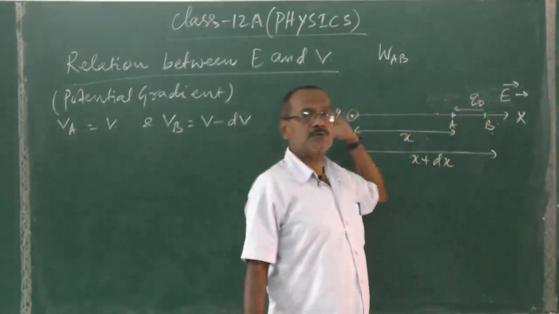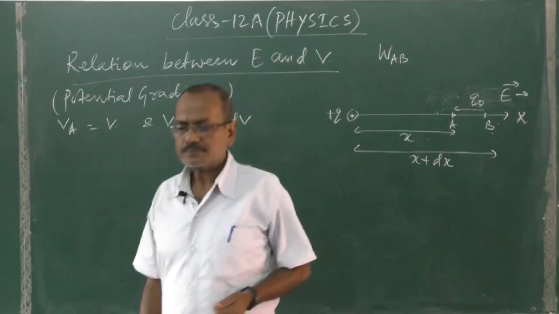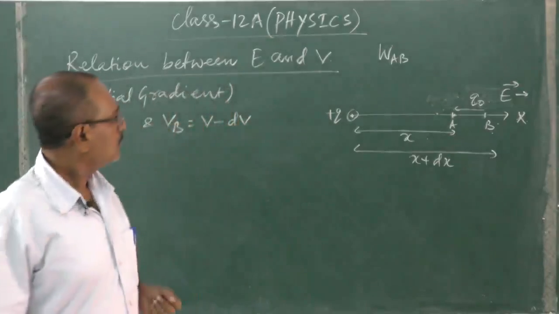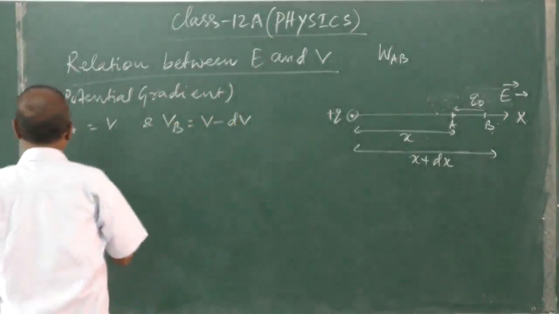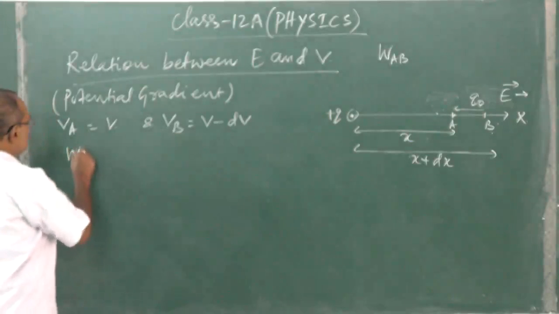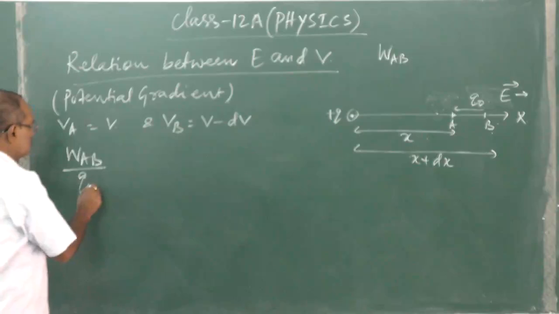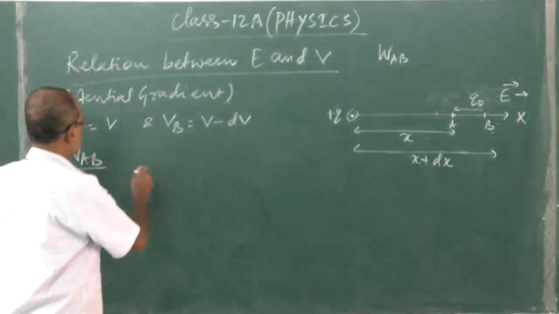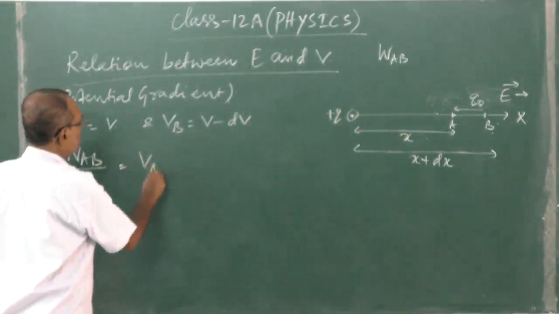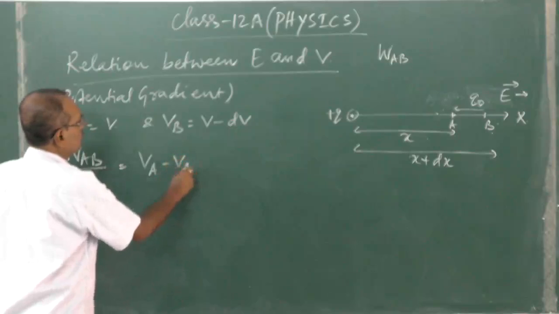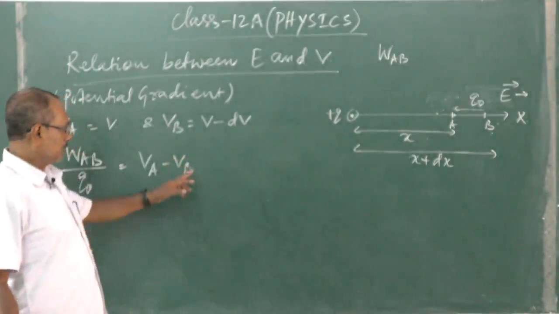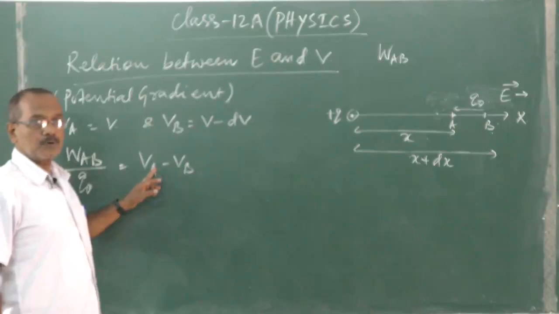So against the force we are working. Now according to the definition, WAB by Q0 is the potential difference, that is VA minus VB. VB is less, VA is more. Keep in mind.